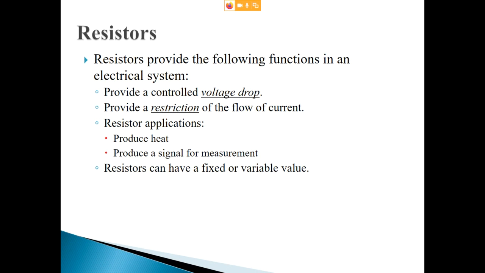All right, but we use the term voltage drop because as it goes through that resistor, let's say you have 100 volts and you're going to push it through two 5-ohm resistors connected in series.